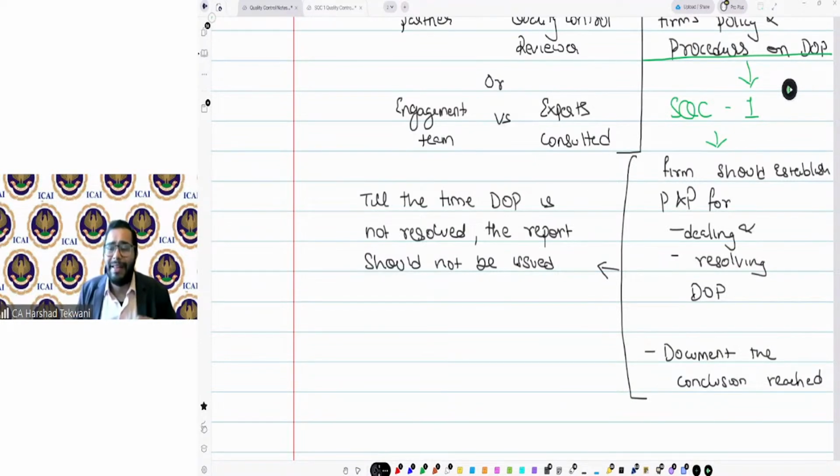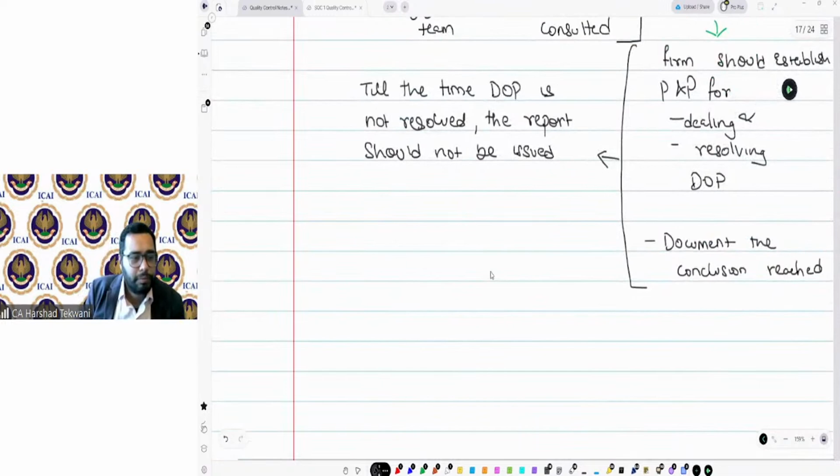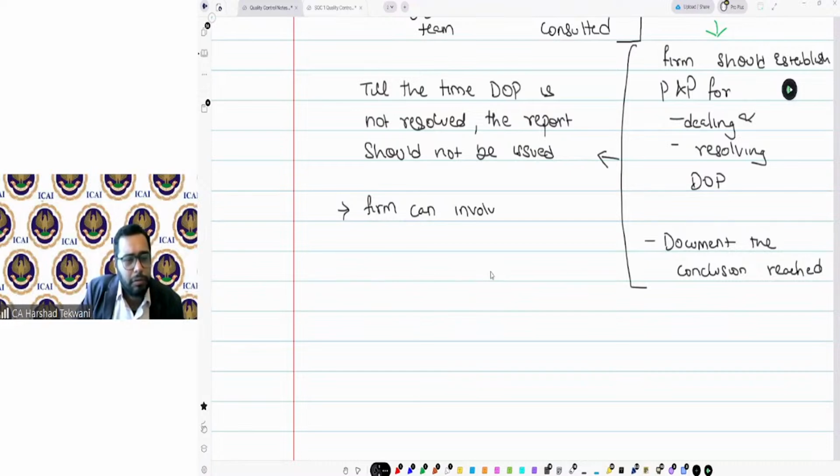For example, by consulting with another practitioner, firm, professional body, or regulatory body. So you can involve another practitioner, or the firm can consult. Consult would be the appropriate word.